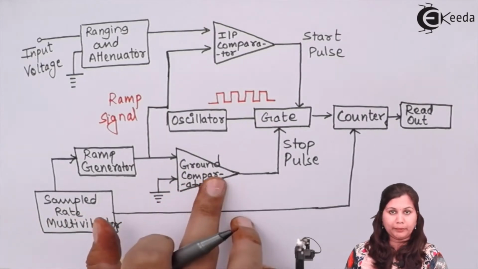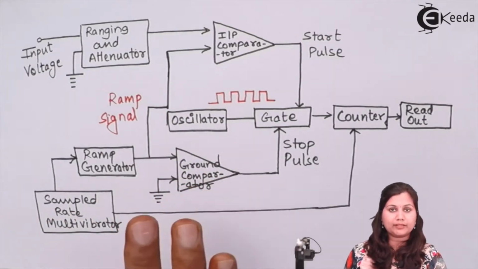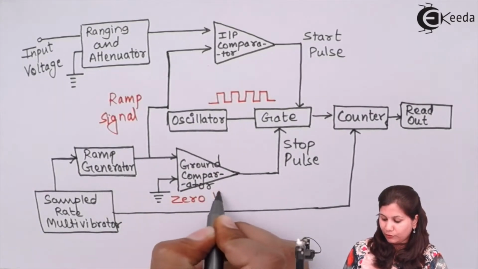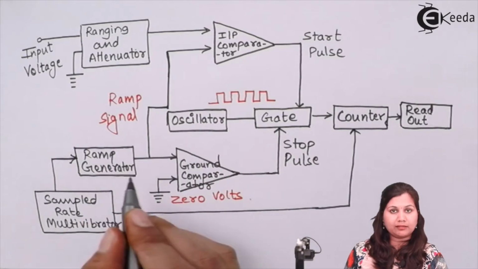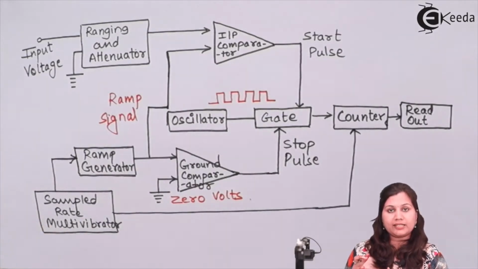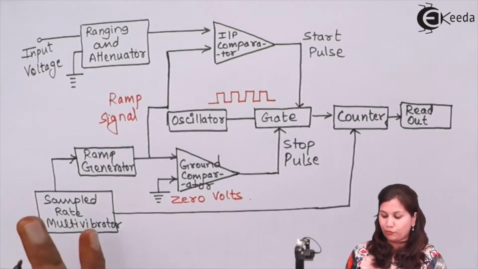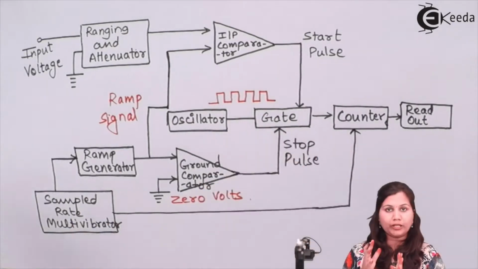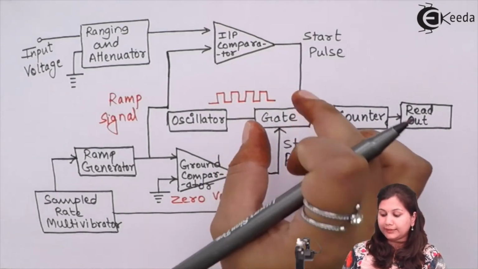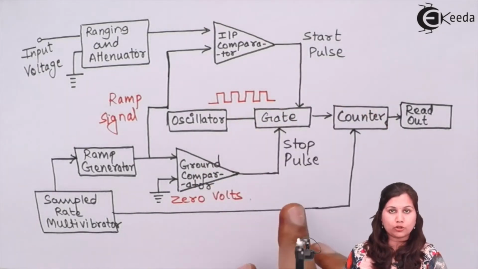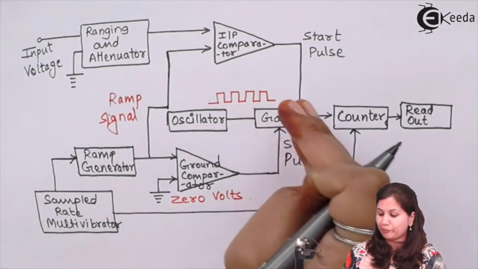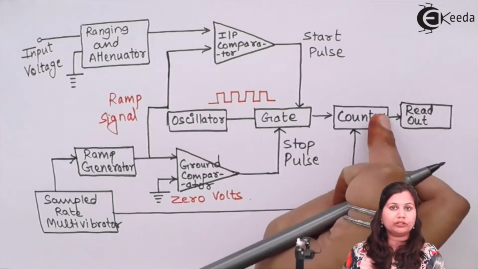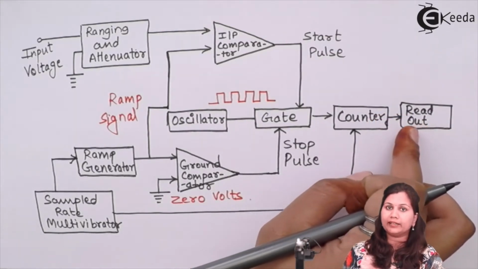The counter is going to count the number of pulses, and the ramp signal is again provided to the ground comparator. The ground comparator is going to compare it with the zero voltage. Here we have 0 volts. So when this ramp signal is decreasing and reaches the level of 0 volts, at that time the stop pulse is given to the gate, and the gate is closed. For the time period between the start pulse and the stop pulse, the number of pulses which have passed through the gate and been counted by the counter will be displayed on the readout digital display device.